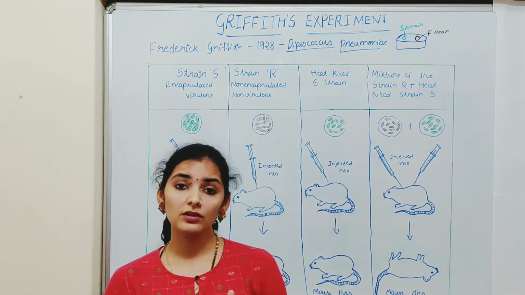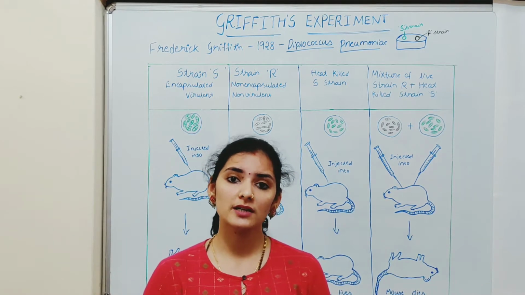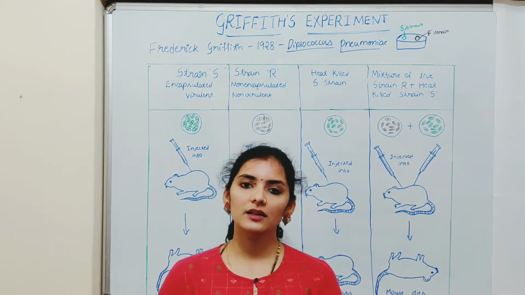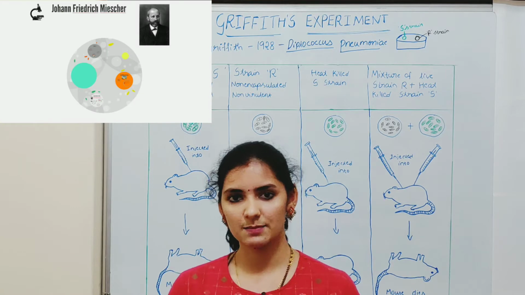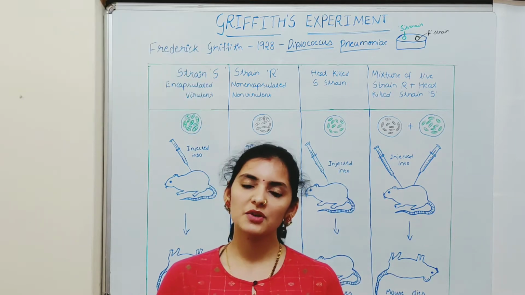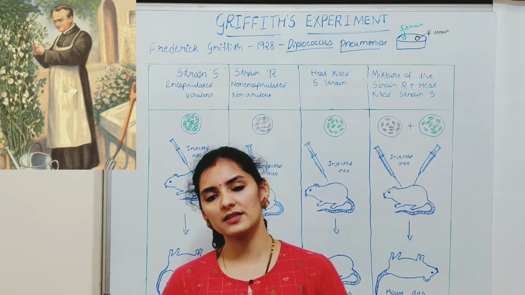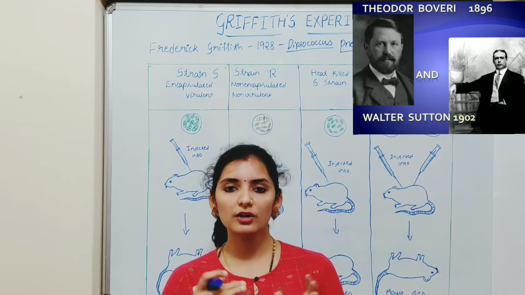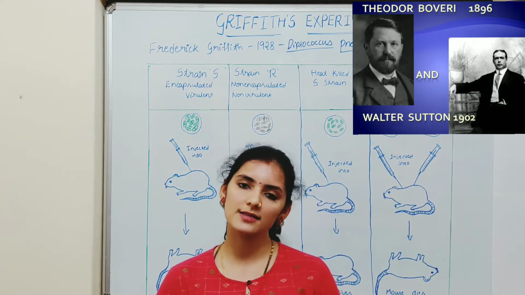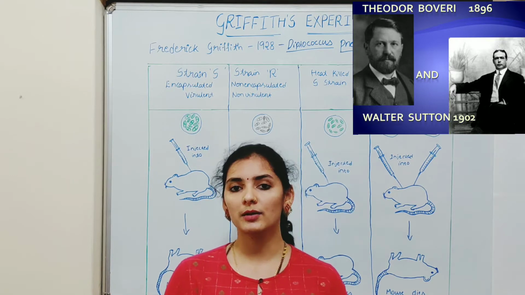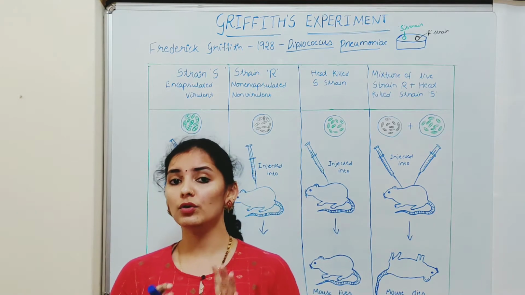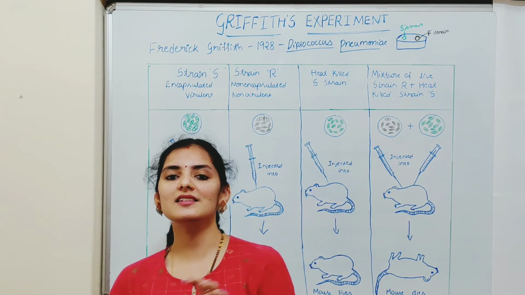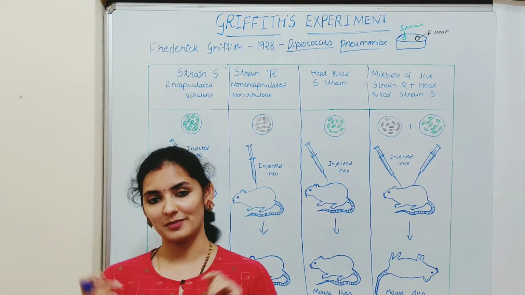Some biologists said DNA is the genetic material, and according to some others, protein is the genetic material. Though biologists during the 1920s had knowledge about many concepts, like the concept of nuclein explained by Miescher, the concept of factors and inheritance of factors as explained by Mendel, and the concept of chromosome and chromosomal theory of inheritance as explained by Sutton and Boveri, the biomolecule which acts as genetic material was a mystery.